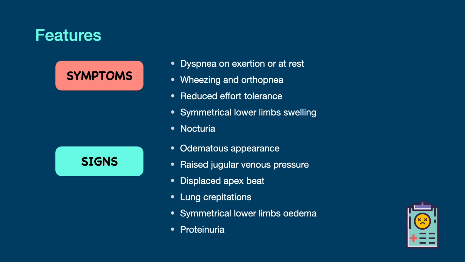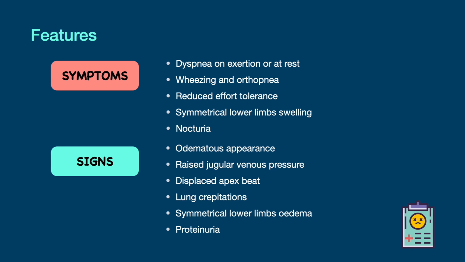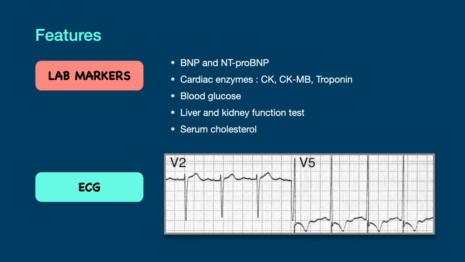The physical examination can yield these findings, which include edematous appearance, raised jugular venous pressure, displaced apex beat, lung crepitations, symmetrical lower limb edema, and proteinuria. Diagnostic markers of cardiac failure are BNP and NT-proBNP in particular, which are released by cardiomyocytes during physical exertion.